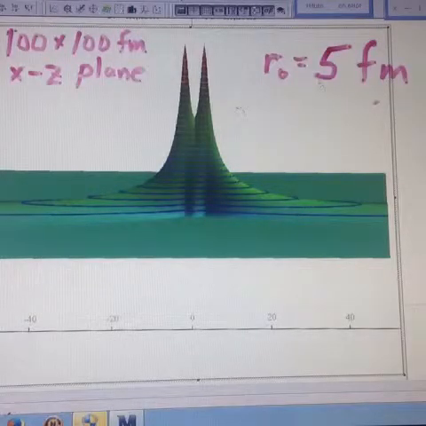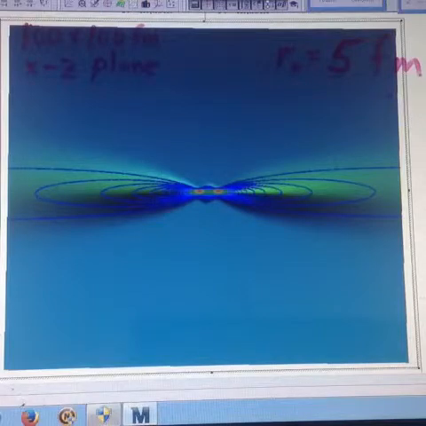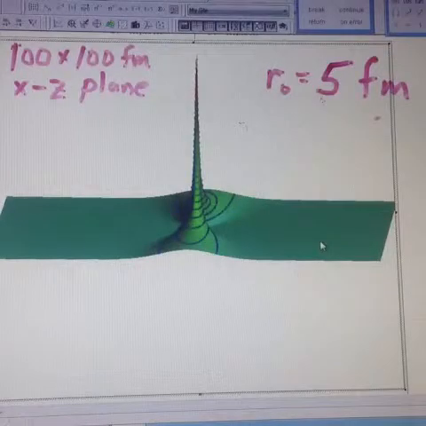Shown here is a 100 Fermi square plot from the side, and then the same plot from the top, and last, looking along the z-axis. As we will show in a later video, it's not hard to see how the Coulomb force can easily couple to the electron held so closely to the nuclei.